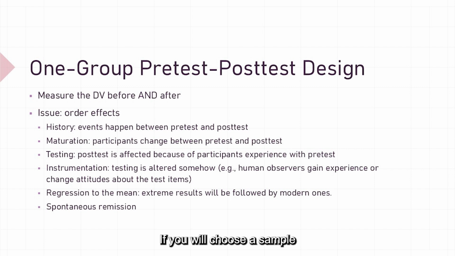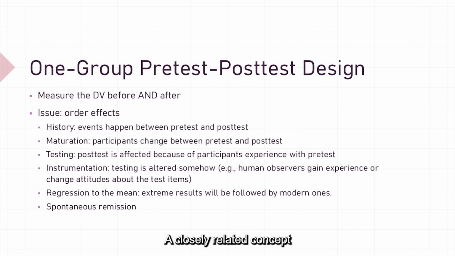If we choose a sample that scored especially high or especially low on some scale, then, according to this phenomenon, next time their result will be closer to the mean and will be less extreme.